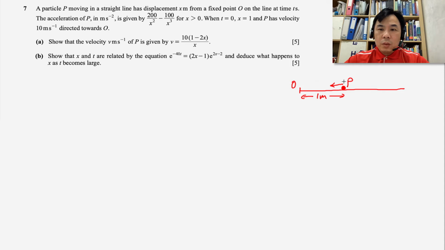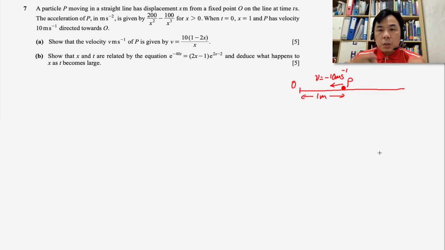So we are going to label the velocity as negative 10 meters per second here. Now I hope that's clear. If it's directed towards the left hand side, we assume the velocity should be negative. Or in this case, we assign the direction as negative.